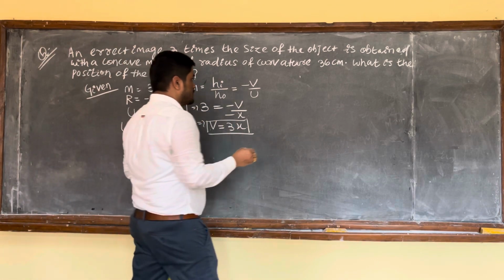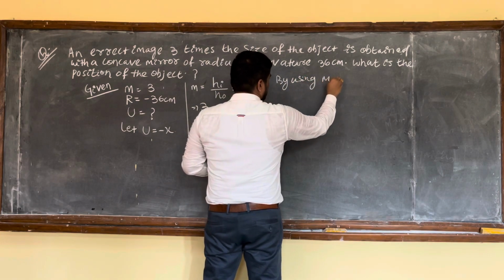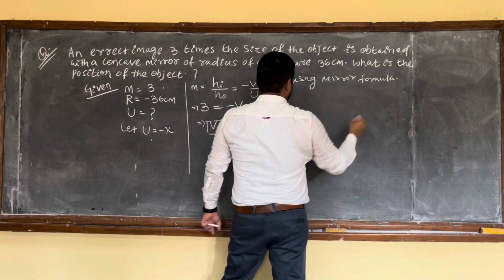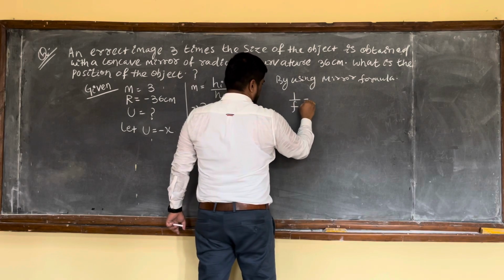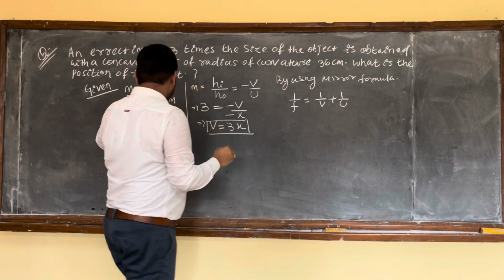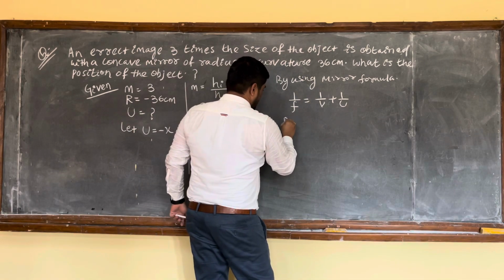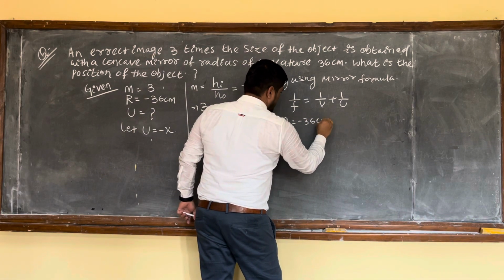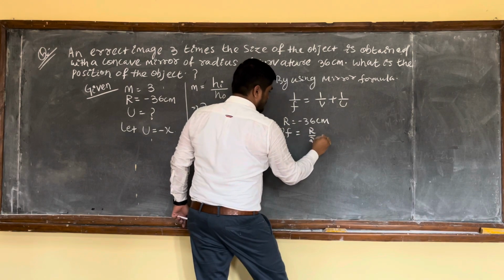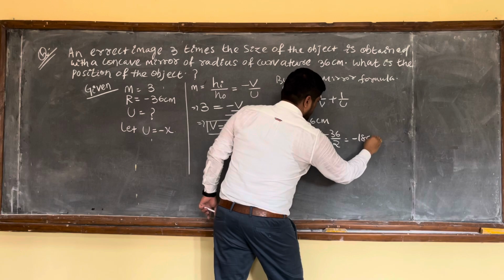So the mirror formula is 1 divided by f equals 1 divided by v plus 1 divided by u, and here it is given the radius of curvature r is minus 36 centimeter, that implies focal length f will be half of radius of curvature, so that is minus 36 divided by 2, so that is minus 18 centimeter.